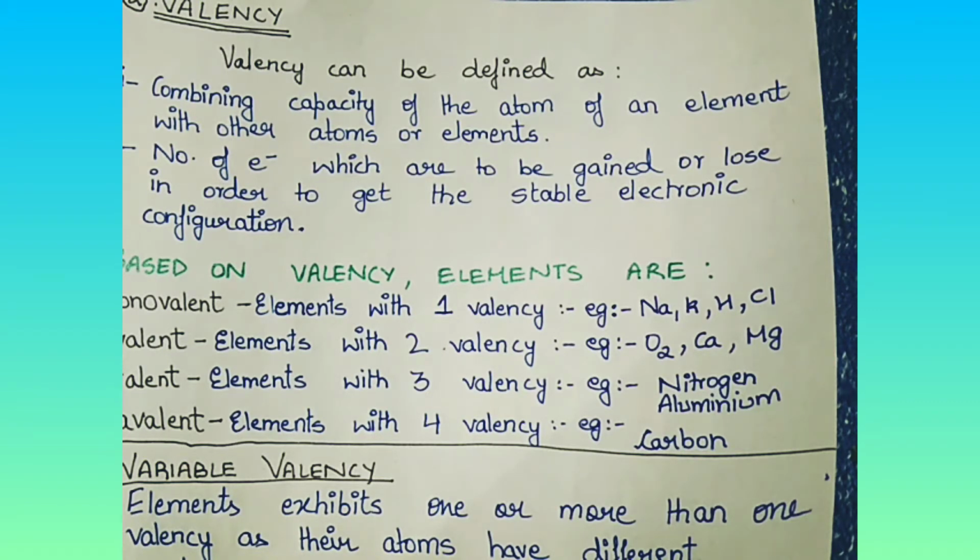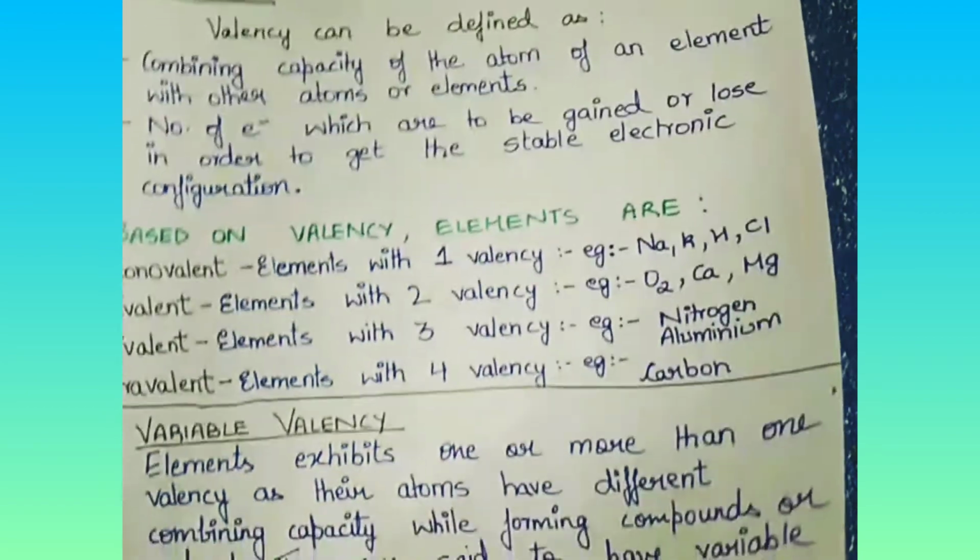So the maximum number of valence electrons in the valence shell is 8. So it is a stable element, which is neon. So what is valency? It is the number of electrons which are to be gained or lost in order to get the stable electronic configuration.